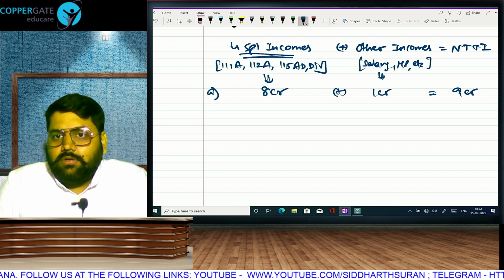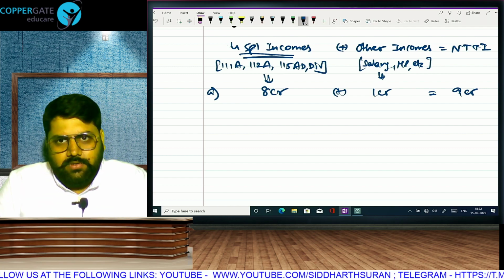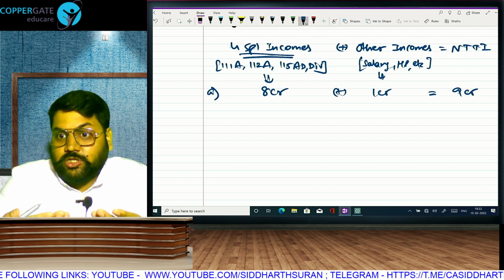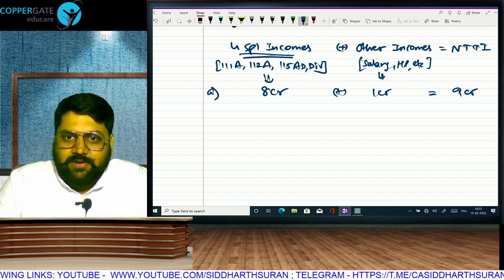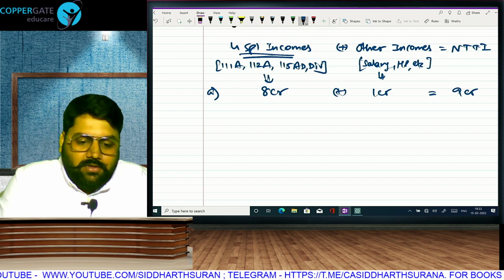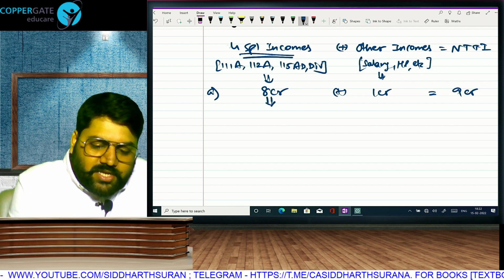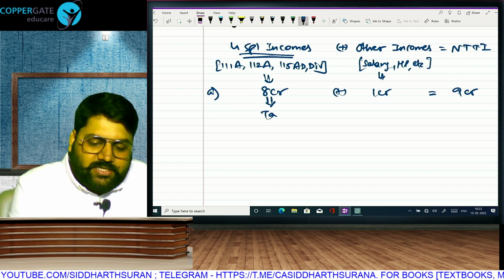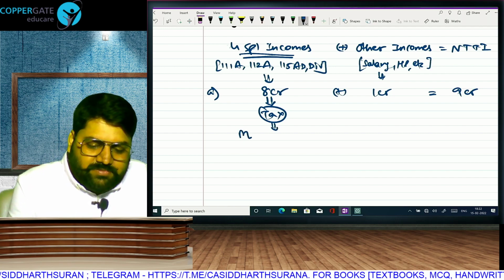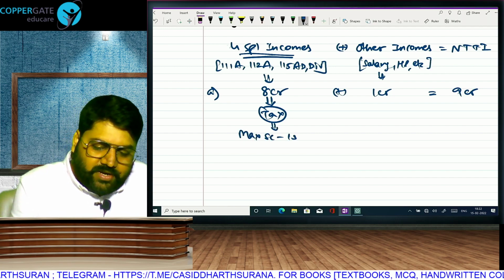At 9 crore, 37% surcharge is applicable because more than 5 crore means 37% will be applicable. Yes or no? But come check here. For this income, first calculate the tax on this income, and on this tax, the maximum surcharge can be 15%.